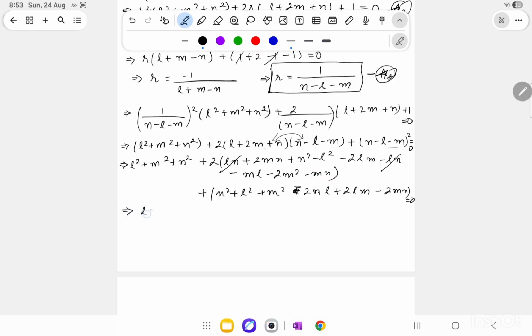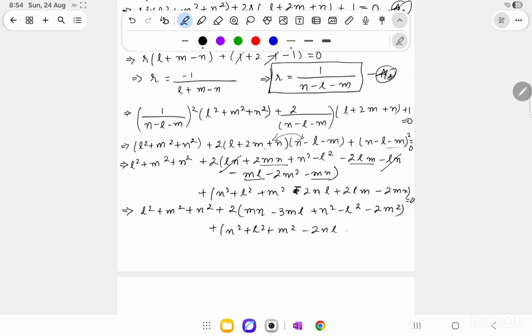So we are left with L square plus M square plus N square plus 2 times Mn minus 3Ml plus N square minus L square minus 2M square plus N square plus L square plus M square minus 2NL plus 2Lm minus 2Mn equals to 0.